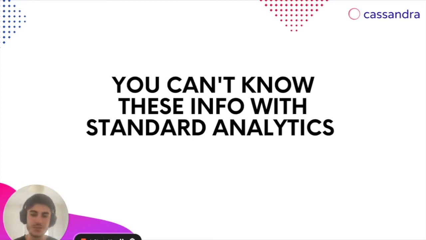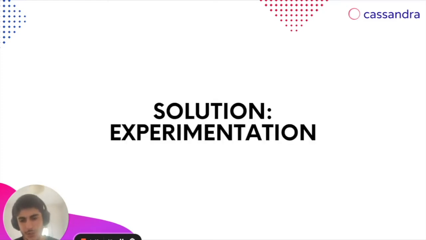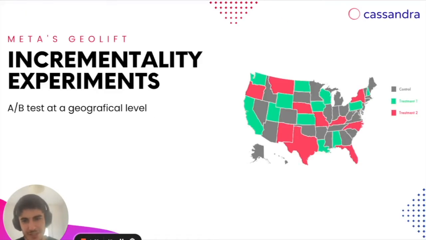Now, with the standard analytics, it's really difficult to see what campaigns are wasting your budget and what campaigns are generating incremental sales, and you can double down and increase your investments on those campaigns. So how do we do it? The solution is experimentation, and specifically incrementality tests, incrementality experiments.